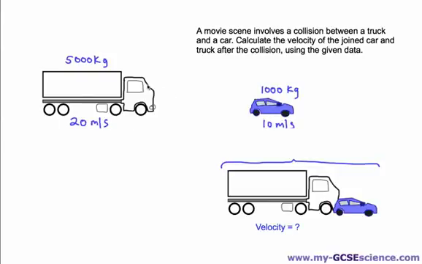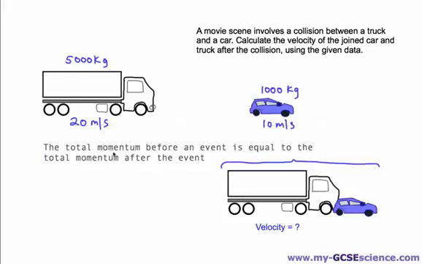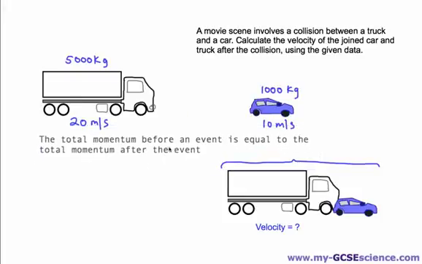It might be useful to have our law here. Total momentum before is equal to the momentum after the event. So what is it before? Well, we calculate the momentum of the truck, we'll call it P1, and the car P2, and we'll add those two together.